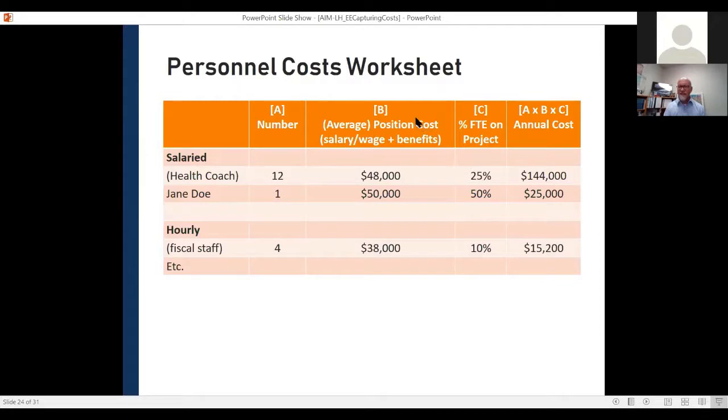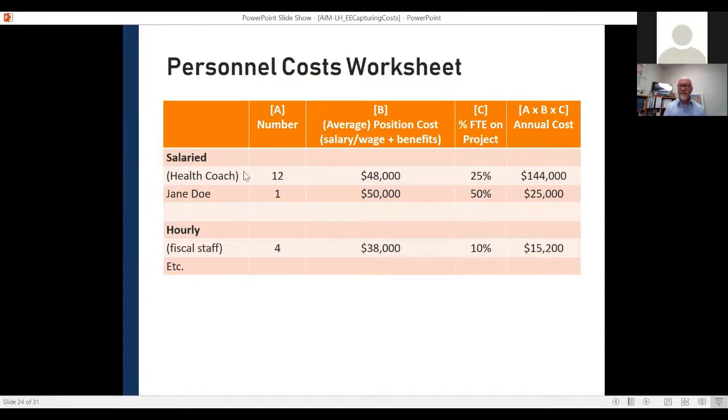Then column B, in parentheses, we have an average position cost. And so again, this is full position cost, which is the salary or wages plus any benefits that we might pay. Column C is the percent FTE on the project. And then the last column simply multiplies those 3 columns together to come up with the annual cost.